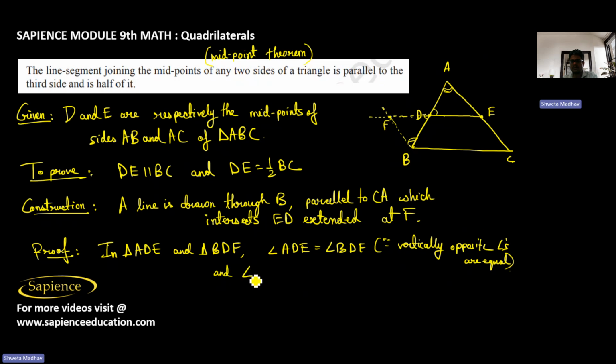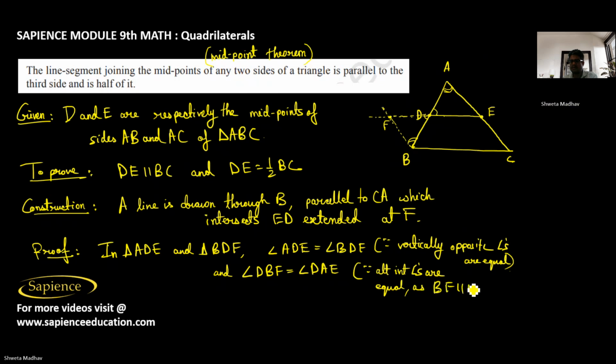And also angle BDF is equal to angle DAE. Since why? Since alternate interior angles are equal, as BF is parallel to EA according to the construction.